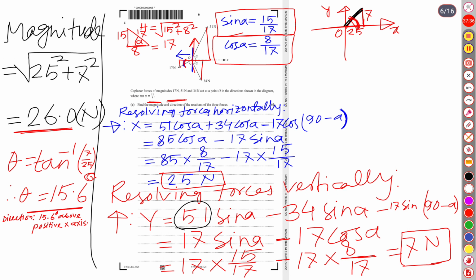After that, we found the magnitude, which is the square root of the sum of the squares of both components. Then we have both x and y values, so we can easily apply the formula tan inverse of 7 over 25, which is 15.6 degrees.